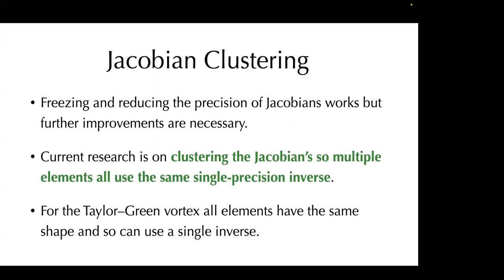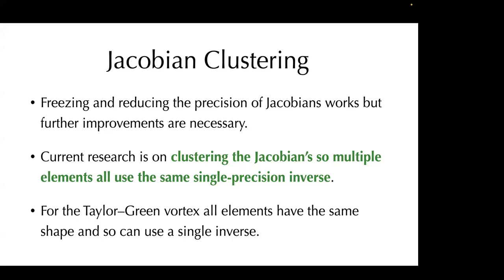Taking things further, though, while freezing Jacobians and reducing their precision is good, further improvements are necessary for this to become practical. And so the current research in my group is clustering Jacobians so that several different elements on a rank all share the same preconditioning matrix.